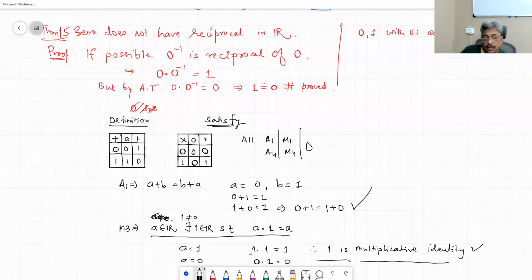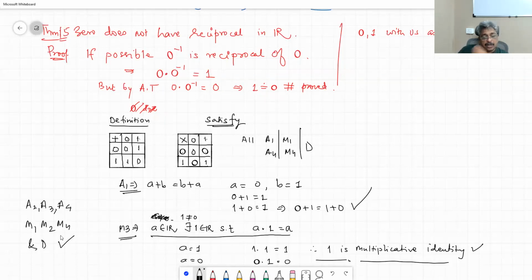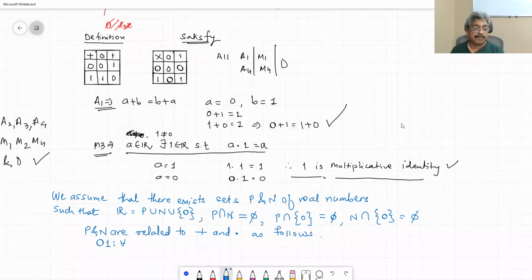Now, what I will give you as an assignment is, I have shown you A1 survives, I have shown you M3 survives. You cross check whether A2, A3, A4, M1, M2, M4 and D survive or not. If you cross check, then all 9 properties survive for only 0 and 1.